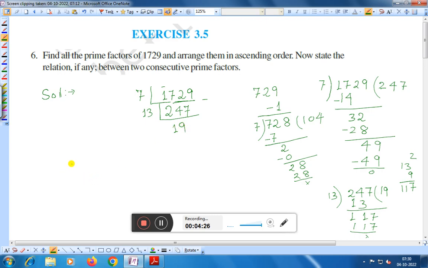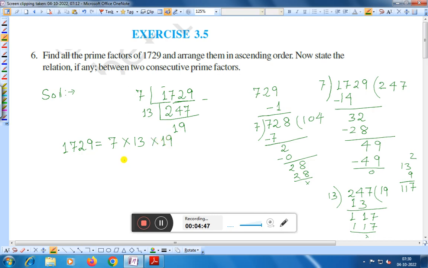Now we will express 1729 in terms of its prime factors in ascending order, that is 7 into 13 into 19.